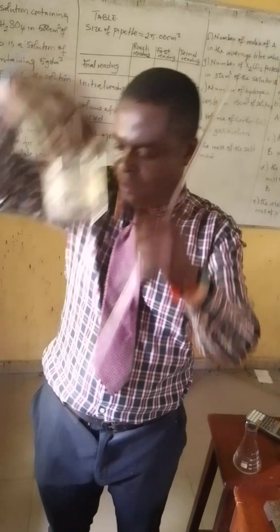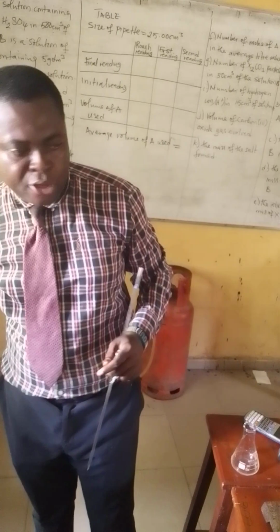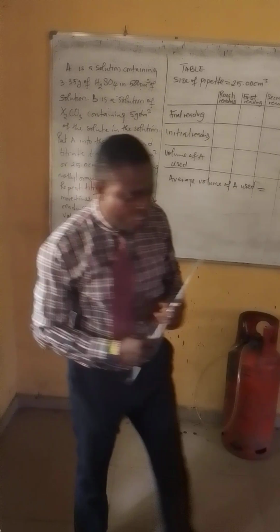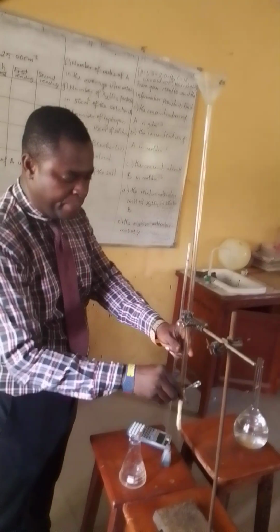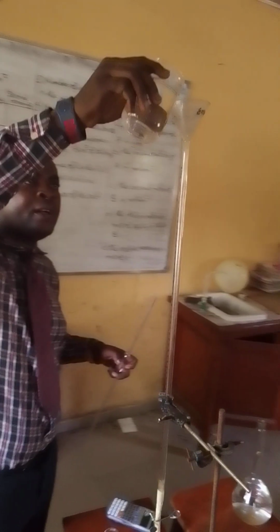Now the instruction says you should put A. So you put your funnel in your burette, and you clip your burette. After doing that, you locate A. This is A, labeled A. They say put it inside your burette, which is what you are doing now.